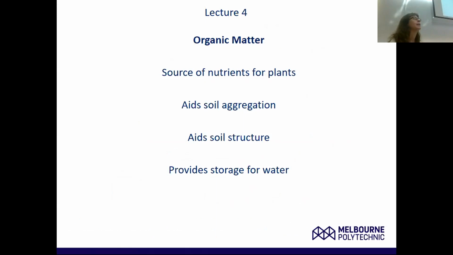So organic matter. This is a source of a lot of nutrients and a lot of nutrient cycling for the plants, and it is extremely important. As a rule of thumb, do you think Australia's organic matter is high or low? No, it's pretty pathetic actually. It's very low.